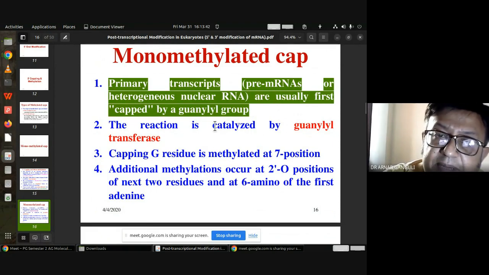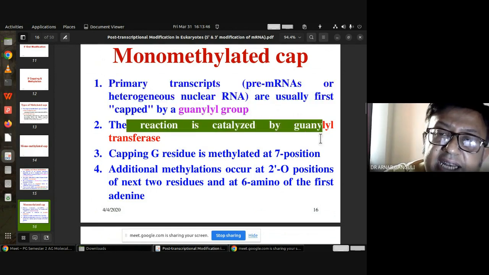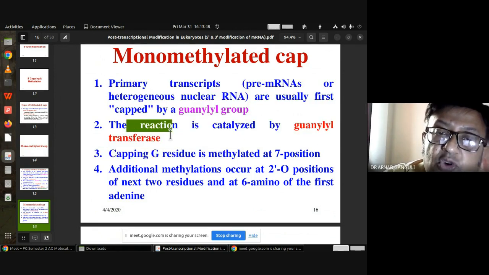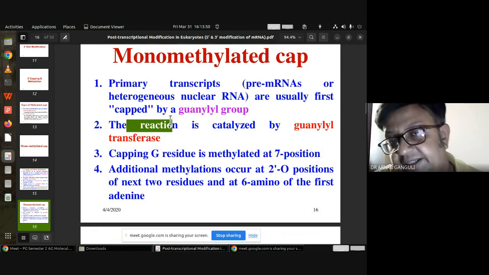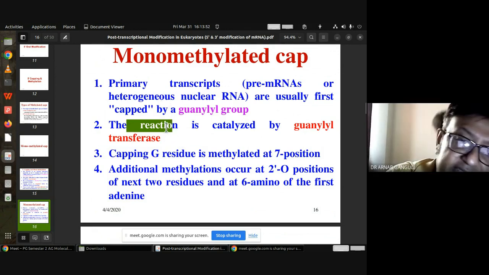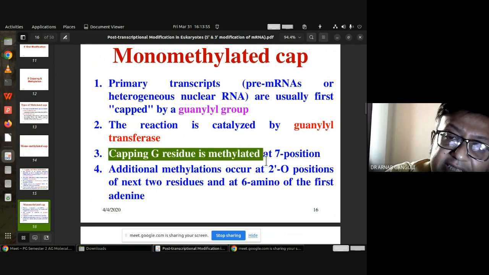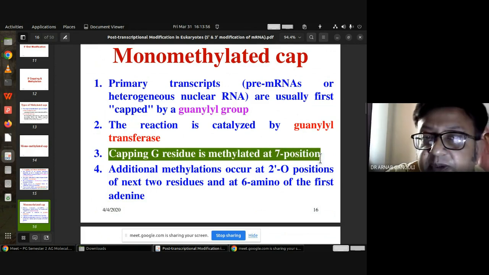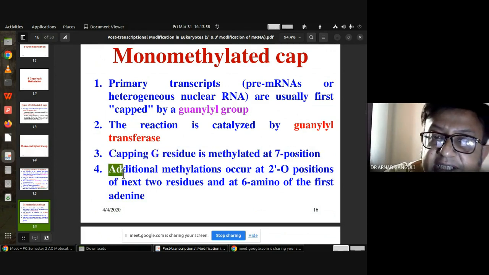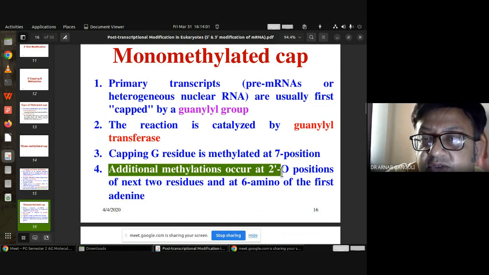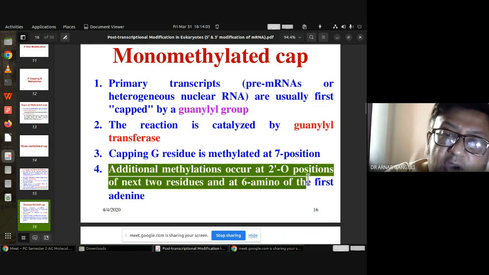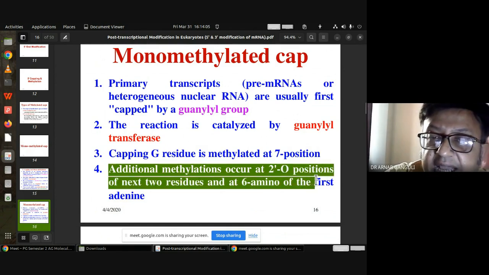And this particular guanylyl group is added by guanylyl transferase. Methyl guanosine residue is the guanylyl residue. So the capping G residue is methylated at the 7th position. Additional methylation occurs at the 2' O position of the next two residues and at the 6 amino of the first adenine.